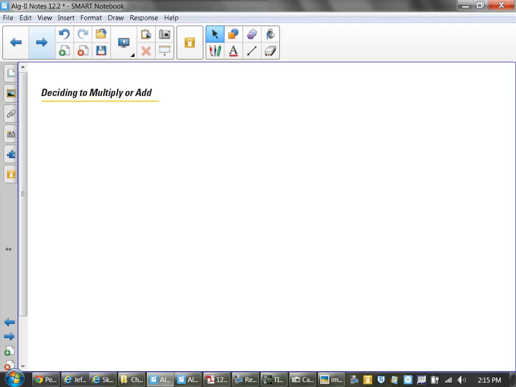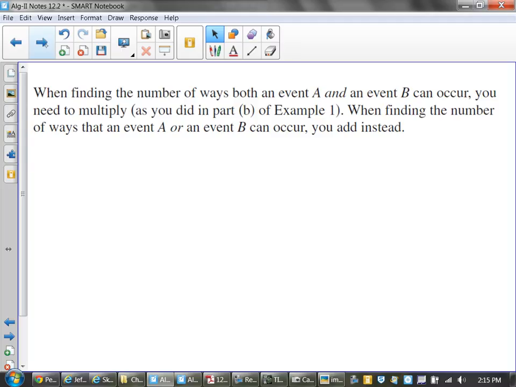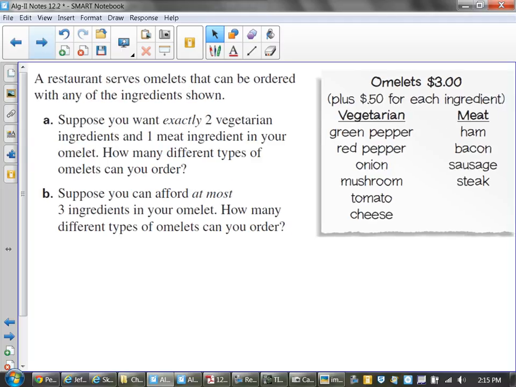Deciding whether or not to multiply or add these combinations is where some of the vocab within the problem becomes important, whether you see certain keywords. For example, if I'm looking at a menu that sells omelets, and I'm going to choose exactly 2 vegetables and 1 meat ingredient for the omelet, how many different combinations of omelets can I make?